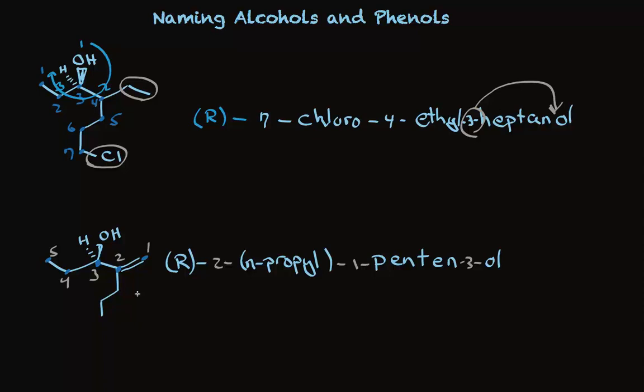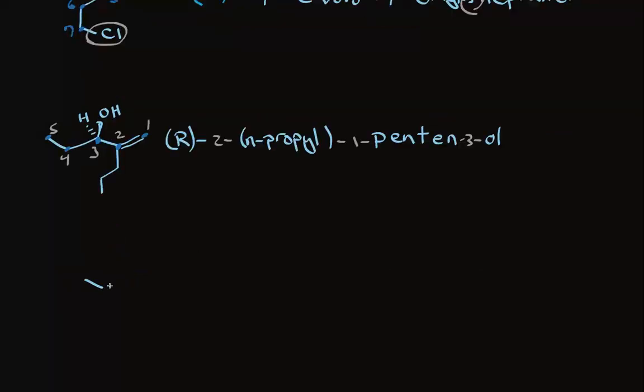I want to look at another example. It shows you something about rings. Now we've got a ring attached to this chain.